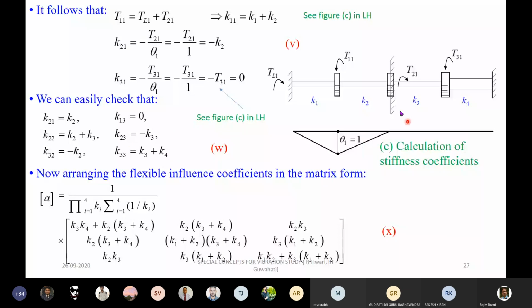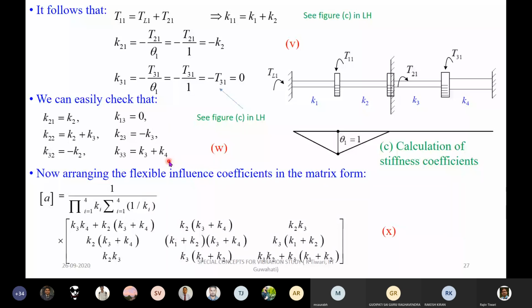For the third disk, we need to give unit displacement to the third disk, keeping the other two disk displacements 0. That will be symmetrically the same, because as we have done for the first disk, the third disk will also be similar. So finally, these are the stiffness coefficients we obtained.